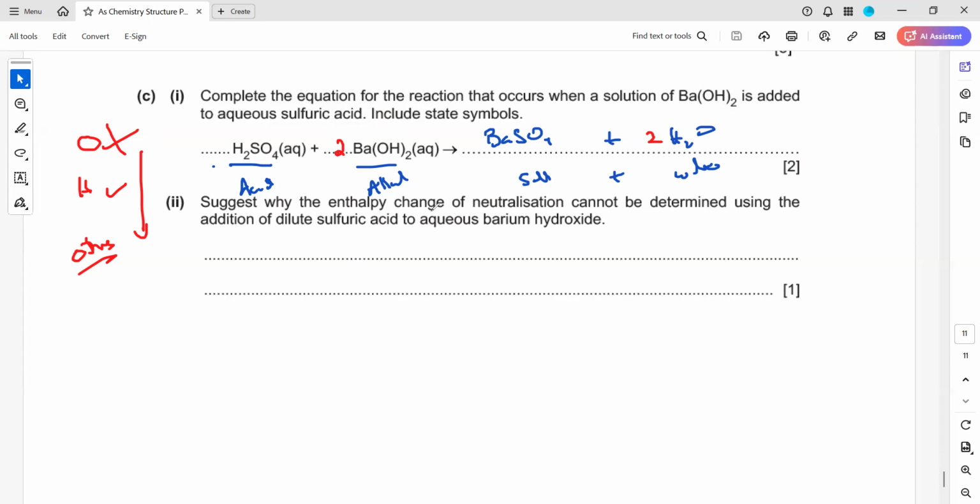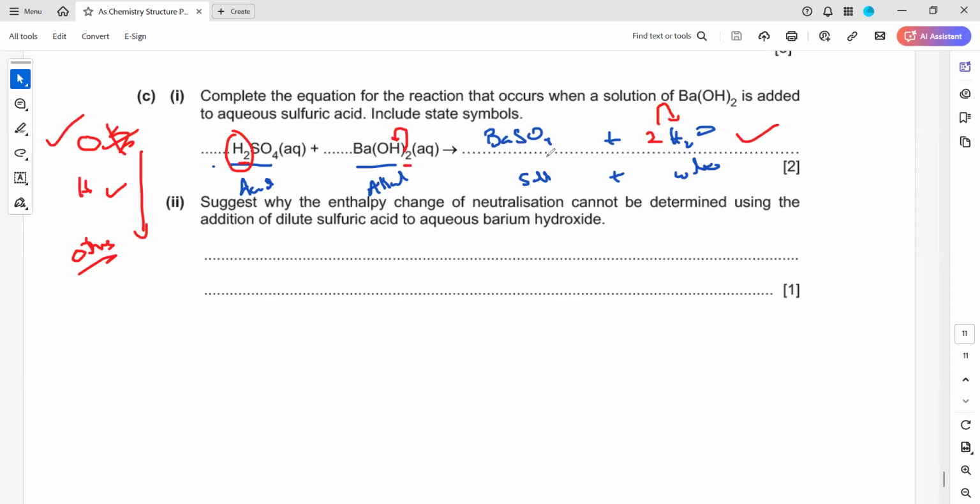Sorry, I did not count there. It's already 4. This 2 here, I forgot that. This 2 is here and this 2, 4. So hydrogen is already balanced, because this 2 is here and this 2 multiplied by 2 gives 4 hydrogen. So this is balanced. Barium is 1 and 1, so it's balanced. And sulfur is also 1 and 1, it's balanced.